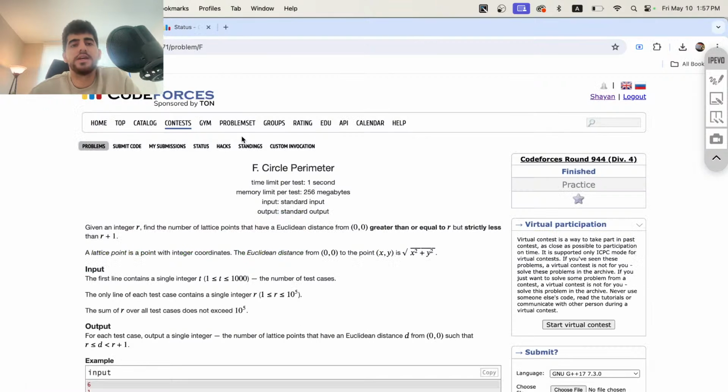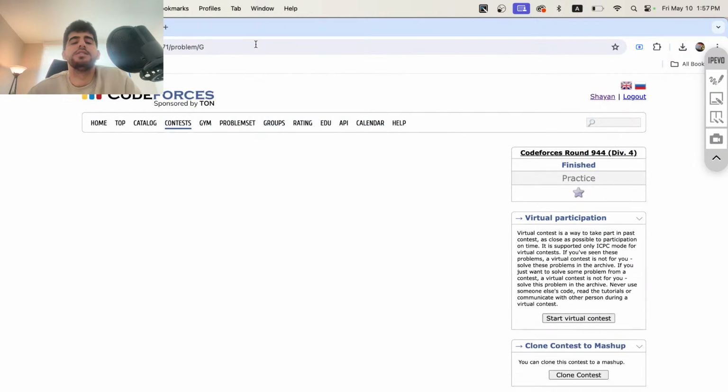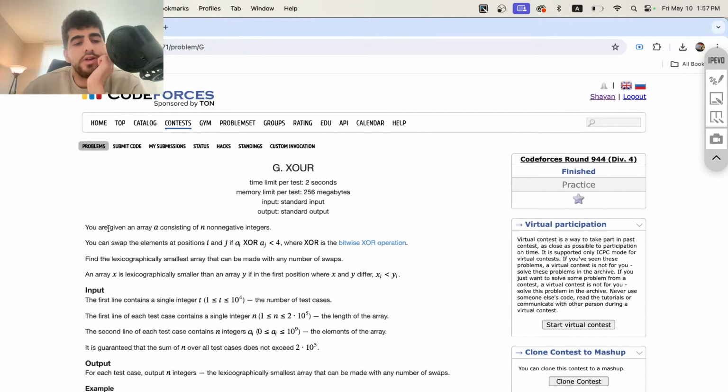So let's move on to the next problem, problem G. Well, in this problem, you are given an array A consisting of n non-negative integers. You can swap the elements at positions i and j if A sub i XOR A sub j is less than 4, where XOR is the bitwise XOR operation.